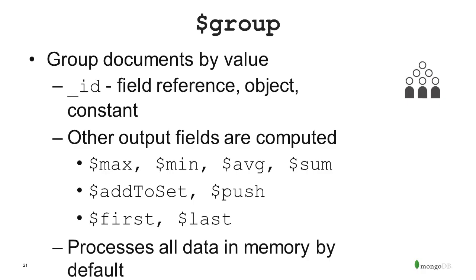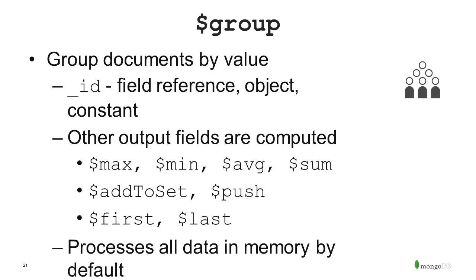We spoke about underscore ID. There's also a bunch of other operators you can use in your groupings. You can look for maxes, mins, averages. You can use $addToSet to add things to an output document that is an array. In particular, $addToSet will only add things if they're not in there already.